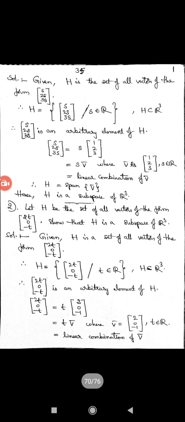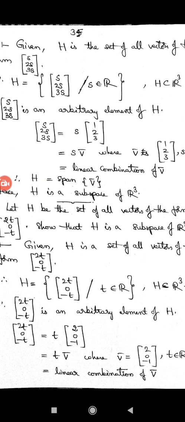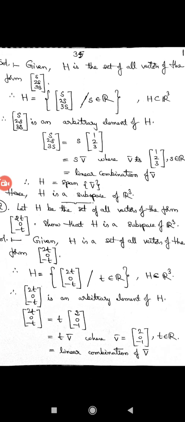These are the entries in the column vector. Now this column vector is in the set H, and our task is to prove that H is a subspace of R3. For this we need not verify the subspace conditions for H.